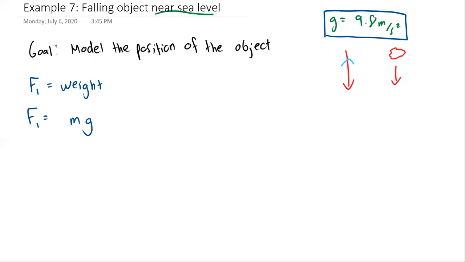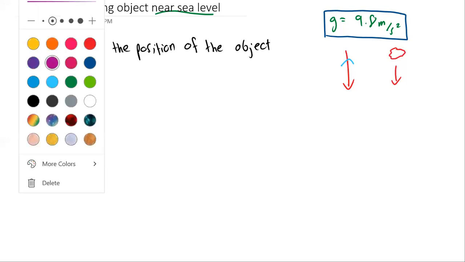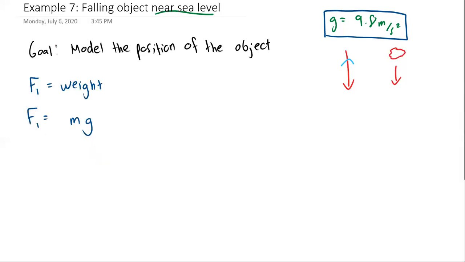And that's one thing to note. When you see the equation g equals 9.8 meters per second squared, it's very tempting to say that that's a force. But again, that's not a force. That's acceleration. You can see that it's acceleration because we're taking seconds squared, or a unit of time squared. If you have a unit of time, not squared, just a unit of time, that would be velocity.